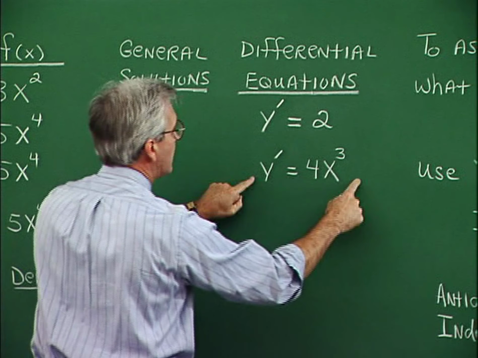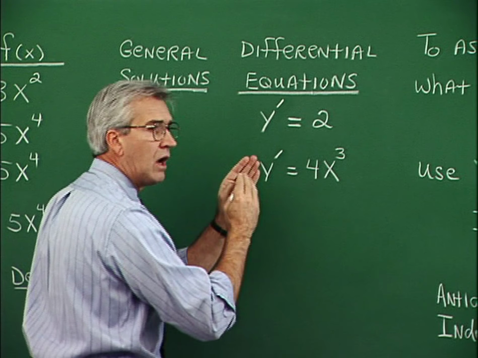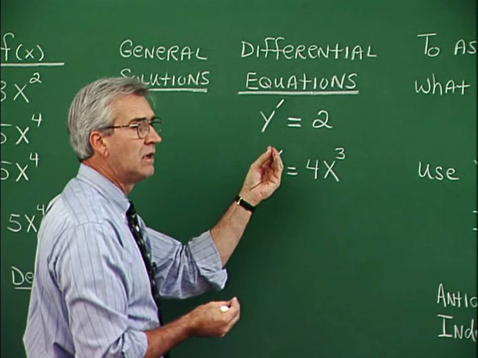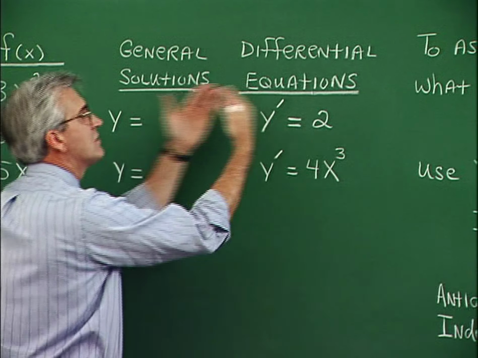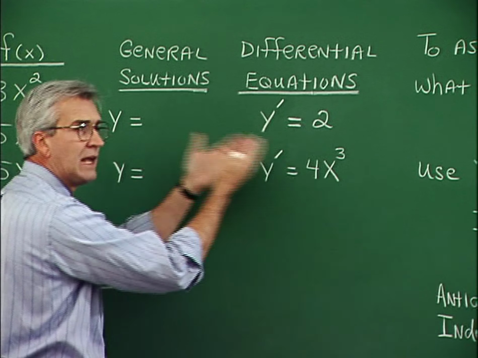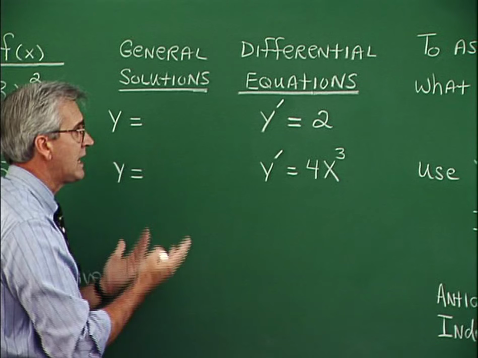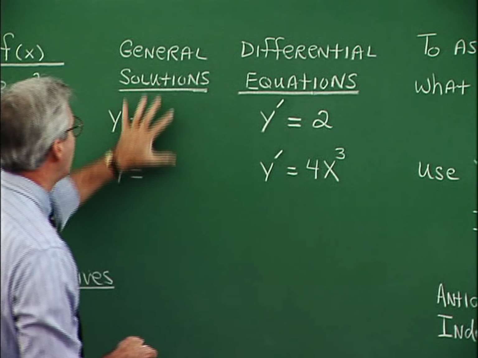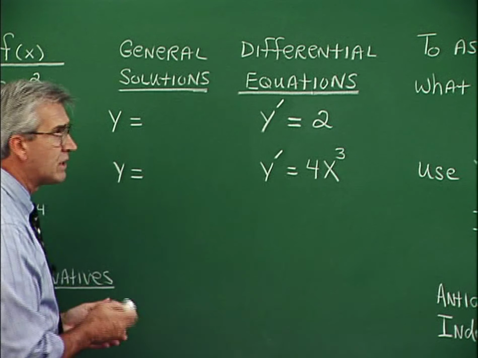Now, these are differential equations, and from the differential equations, a task that can be requested is to find the function whose derivative is this, you see. It's the same process, the same idea as this antiderivative idea. But these are differential equations, and we're finding general solutions to the differential equation when we go through this process.